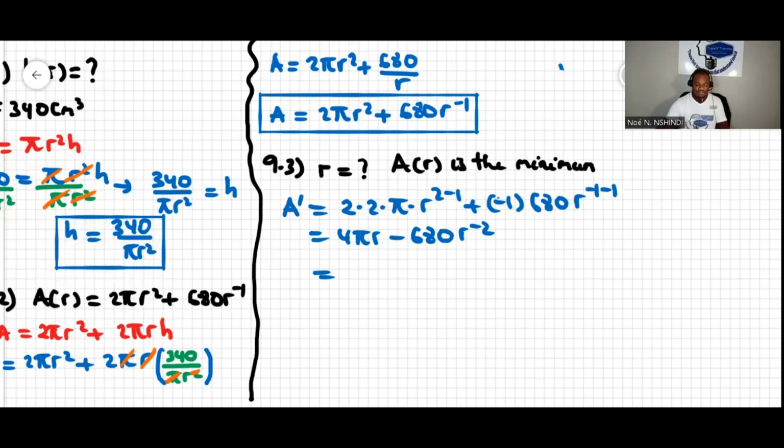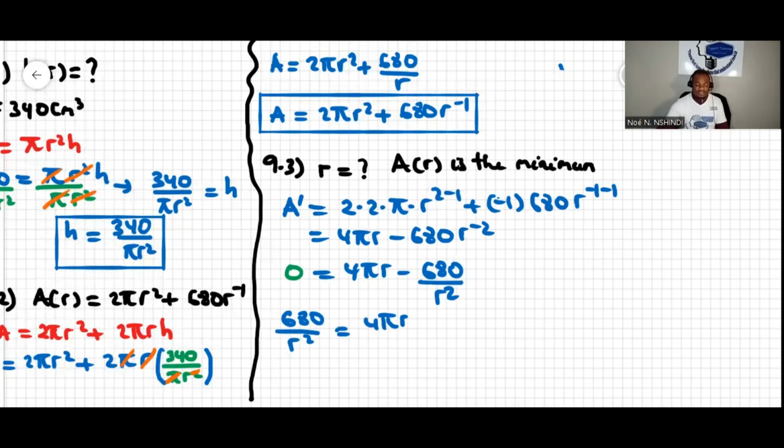So 4 pi r minus 680 r to the negative 2 equals 0. The negative power can be written as over r to the positive 2. Then we can move this negative part to the other side of the equal sign, and this will be 680 over r squared equal to 4 pi r.